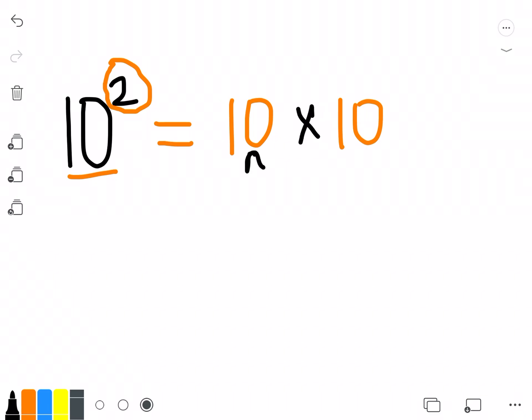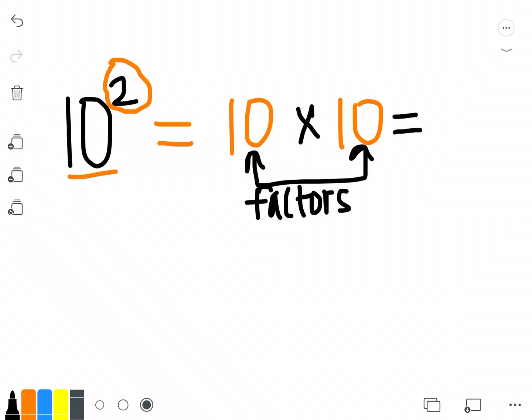Because these two right here are what we call factors, and factors are the numbers you multiply together. So I have 10 times 10, which is 10 to the power of 2, but I still don't know the answer. Oh, that's easy. Write the number 1 because you are starting with that, or actually, not the number 1. I want you to write the number 10 as your answer. Now, that's not your full answer.